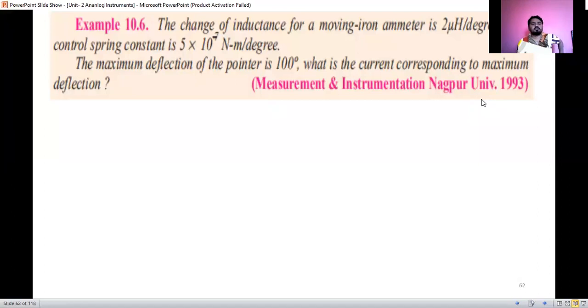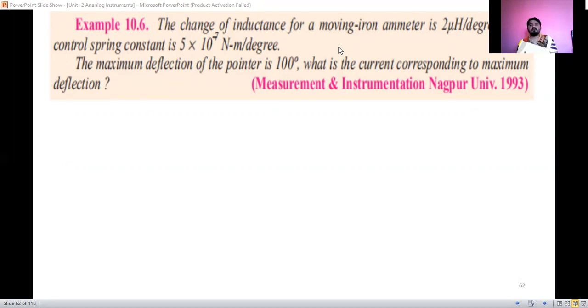The control spring constant is 5 into 10 to the power of -7 Newton meter per degree. The maximum deflection of the pointer is 100 degree.